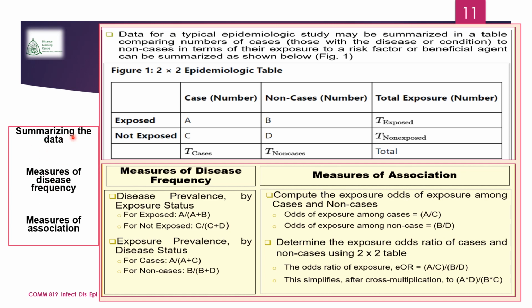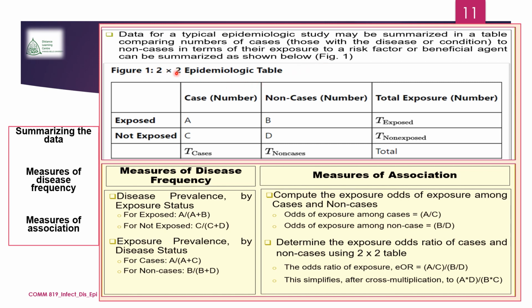So for summarizing the data, we said data for a typical epidemiologic study may be summarized in a table comparing numbers of cases, that is those with the disease or condition, to non-cases in terms of their exposure to a risk factor or beneficial agent. And this can be summarized as shown in the figure below.